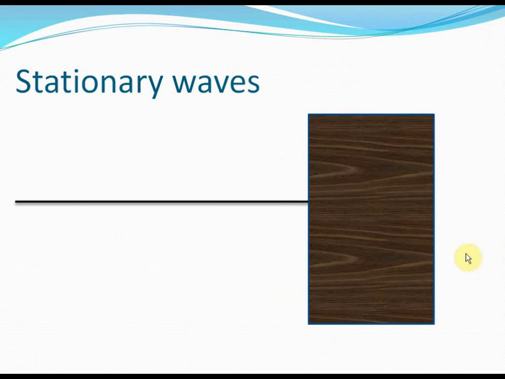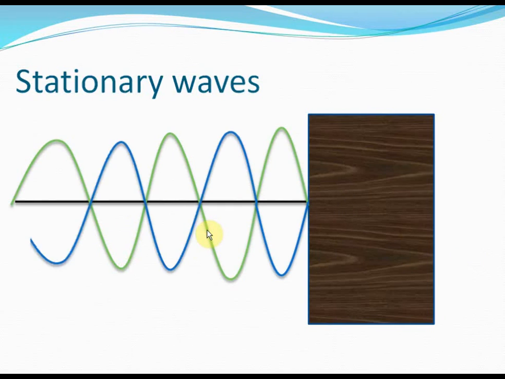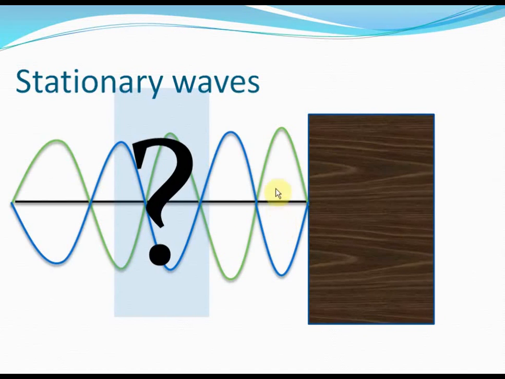Now, up till now we were talking about a wave getting reflected from a surface, a wave getting transmitted, and we were talking about the equation of the resultant wave. But you see, when a wave gets reflected, what is the equation of the entire wave that is created by the sum of the equations of the incident wave and the reflected wave? That is, this is the incident wave, this is the reflected wave.